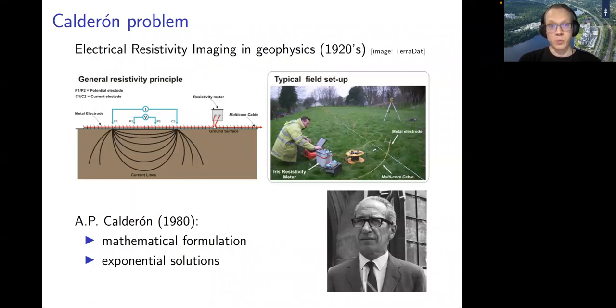And one is going to measure the currents on the surface by using the same electrodes. And with these kinds of electrical measurements, one wants to find out what is inside the Earth, in particular if there's an oil deposit or not. And this is called the Calderón problem because of the fundamental work of Alberto Calderón, who gave a very elegant mathematical formulation and introduced the method of exponential solutions, which has been influential in this problem.